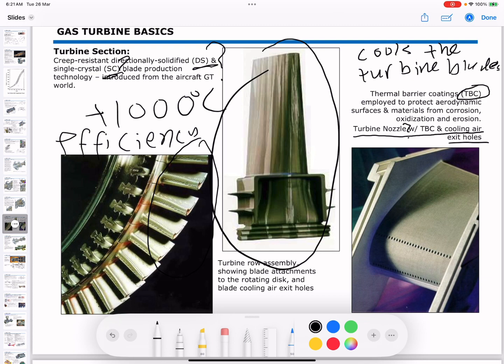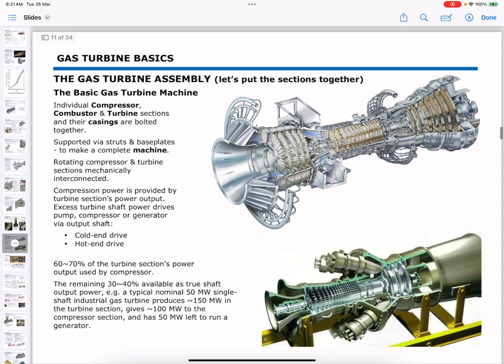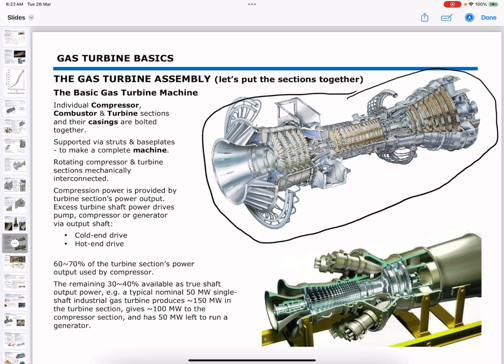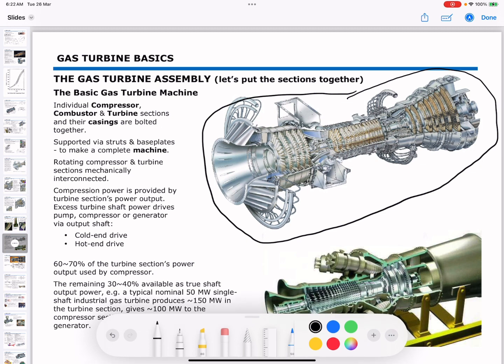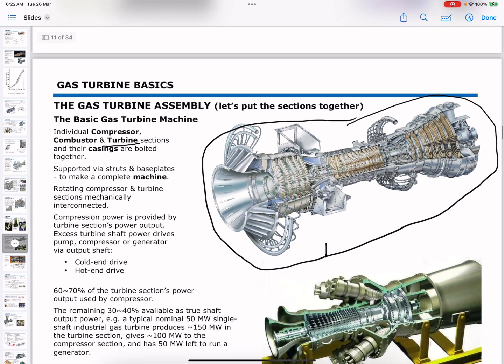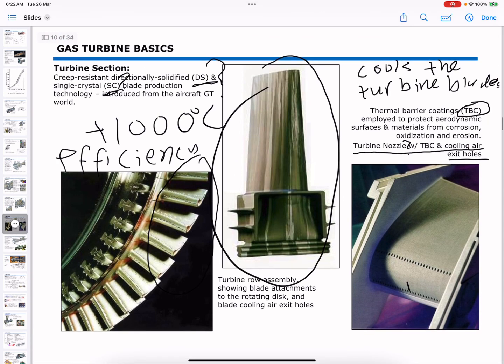It's also typically located between the combustion chamber and the turbine stages. We are going to move on to the next slides later on, and we are going to see the whole gas turbine, and I'm going to talk about it specifically later on. Here is the turbine. I'm giving you a general idea about it.